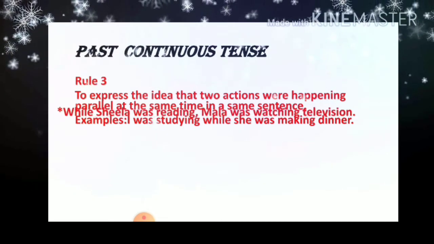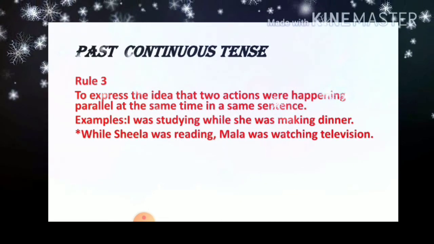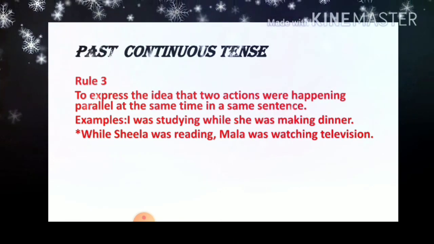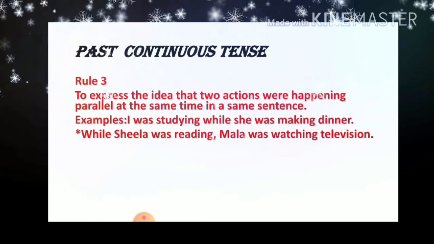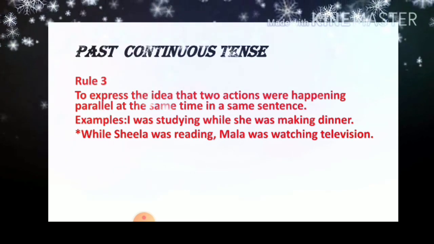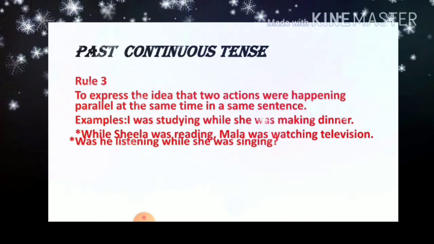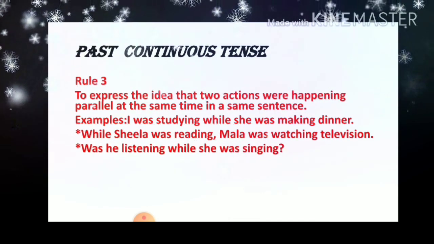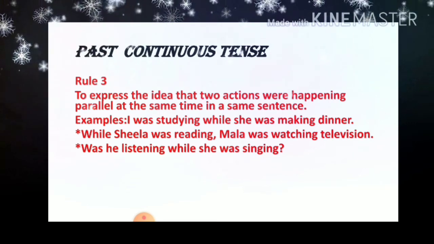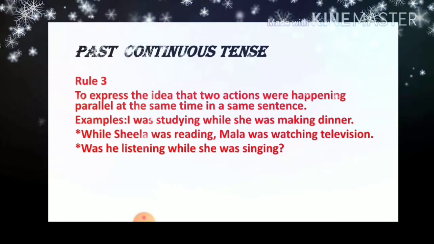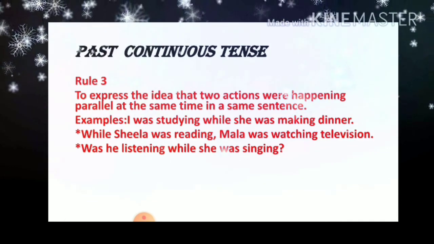The next example is, while Sheila was reading, Maya was watching television. Here is also the same: one task of reading and another task of watching, both going in parallel. Third one is, was he listening while she was singing? So there is also a question about actions that were going on simultaneously.